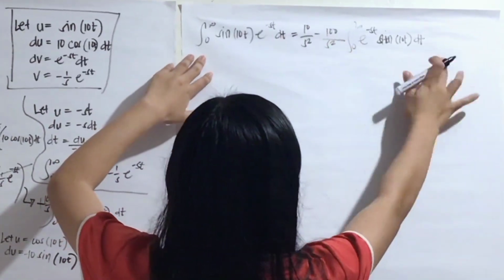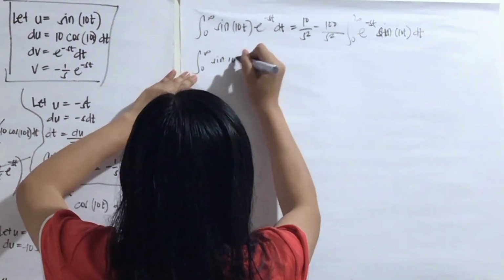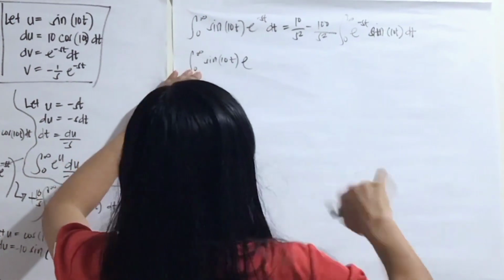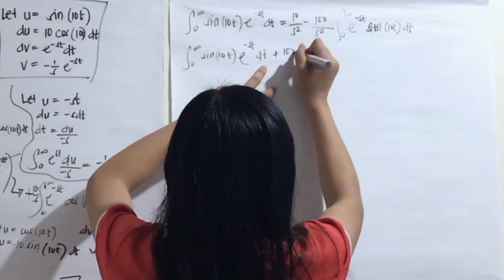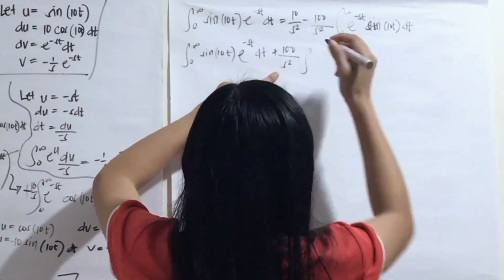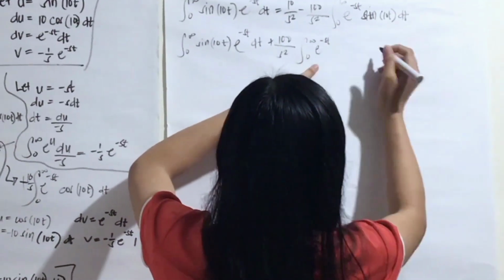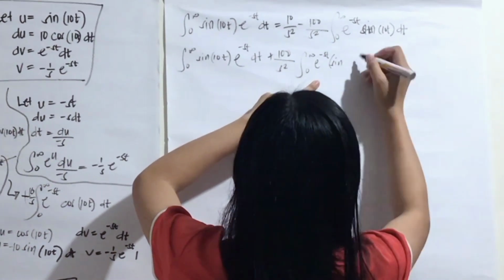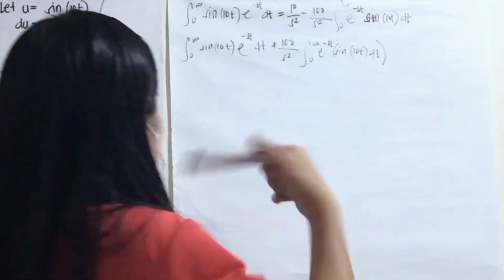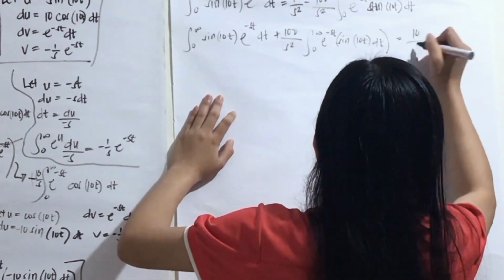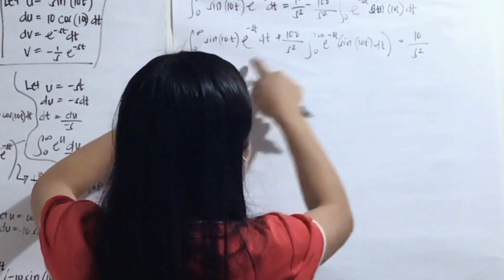We will transform this equation to the other side. So this will become positive. Is equal to 10 over s squared. And then, as you can see, we had equal terms, which is this equation and this equation.